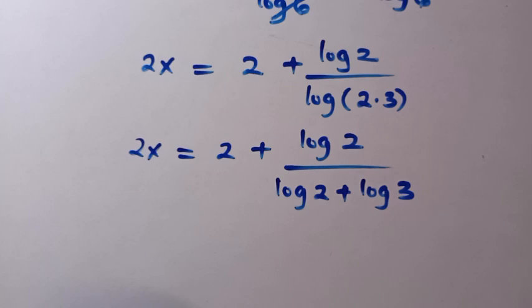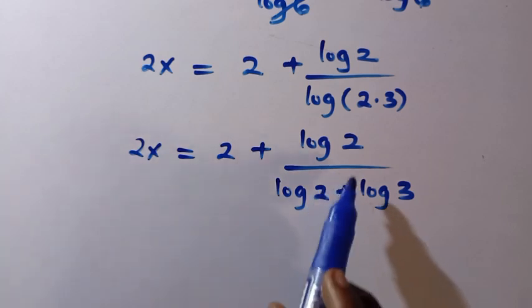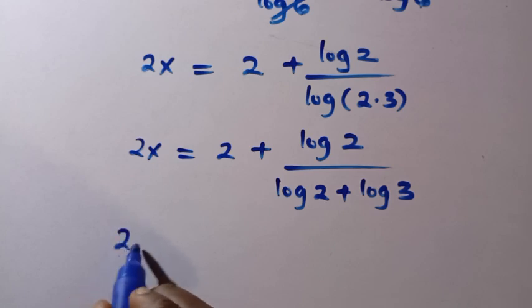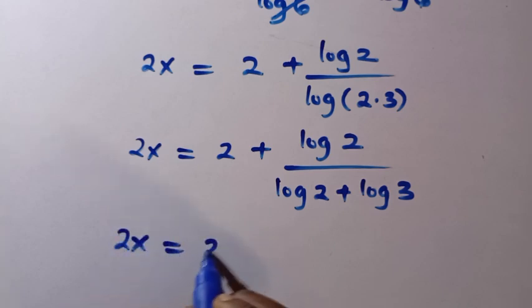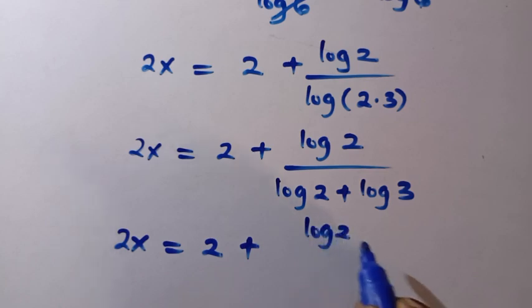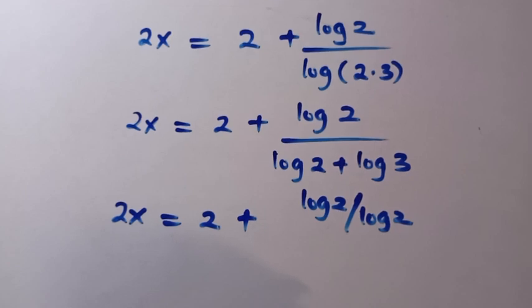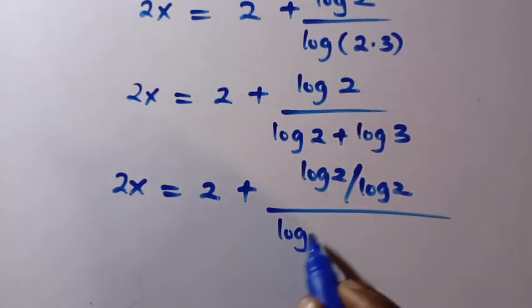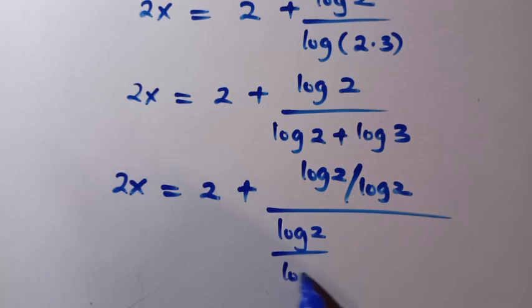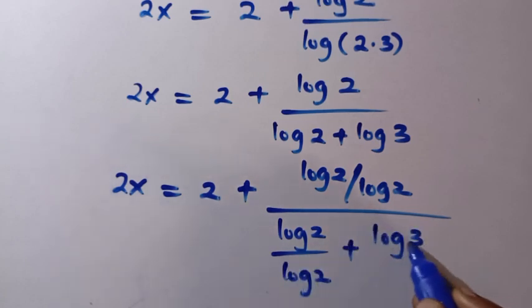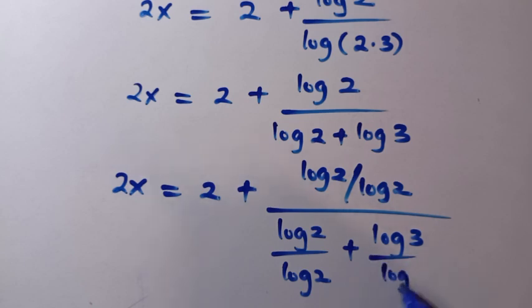And then from here, suppose I divide this one by log 2, we have 2x equals 2 plus log 2 divided by log 2, divided by log 2 divided by log 2 plus log 3 divided by log 2.